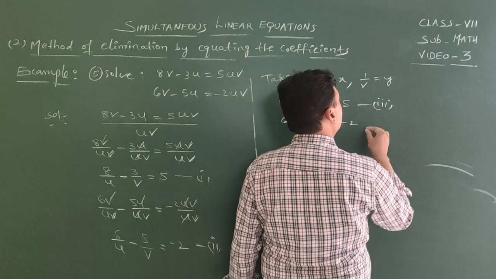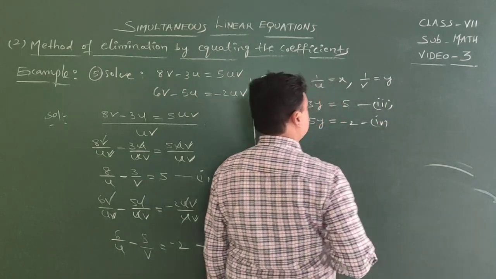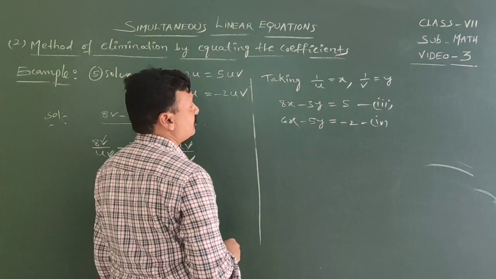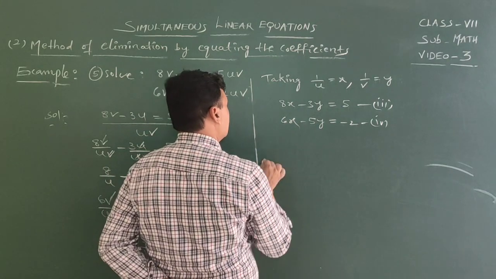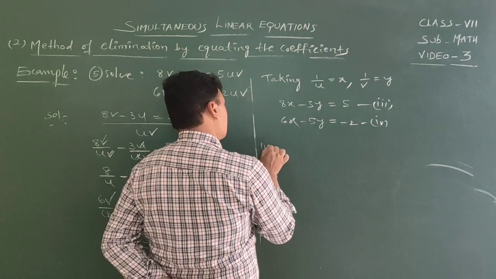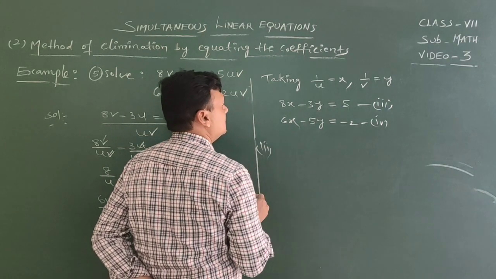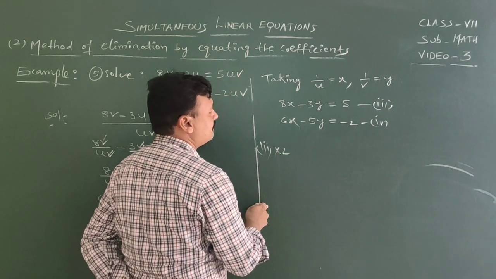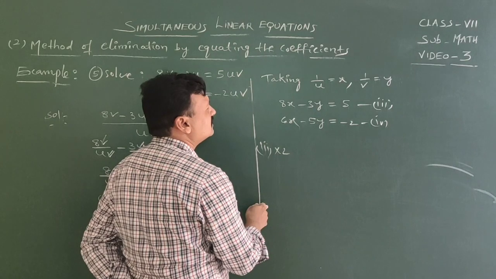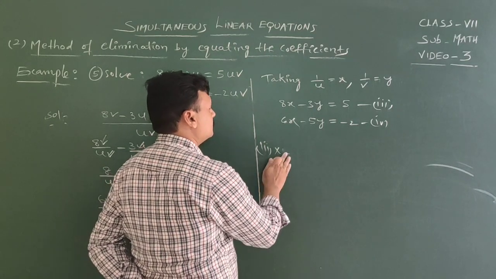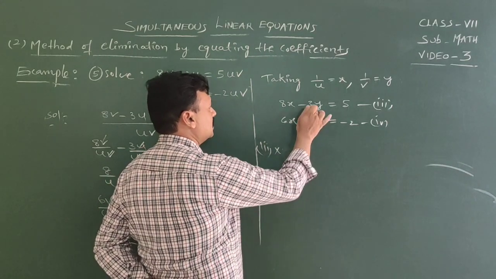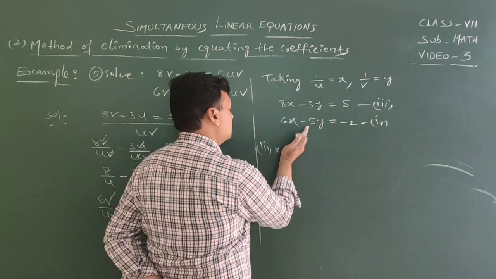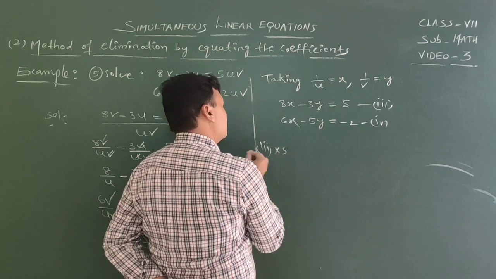So I got the two equations. Coefficients are all not equal. So here I will multiply. Okay, here the coefficients are different. Here we multiply by 5.